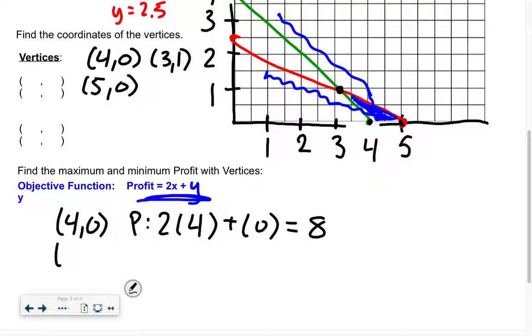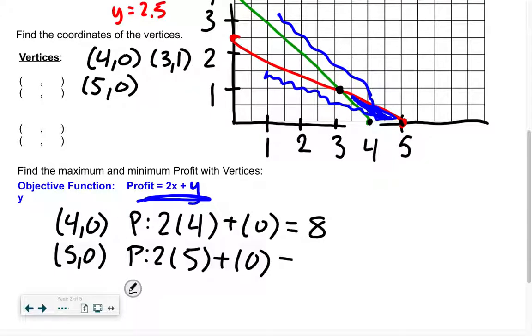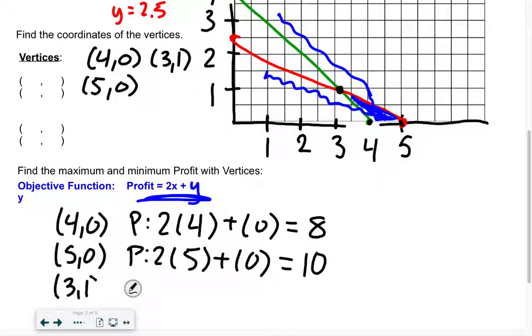My next vertex is (5, 0), profit 2 times 5 plus 0, which is 10. And then the last one, (3, 1). Profit 2 times 3 plus 1 gives me 7.